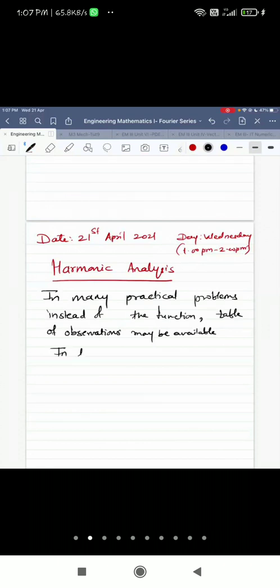In this case, we cannot find the Fourier series using the integration.